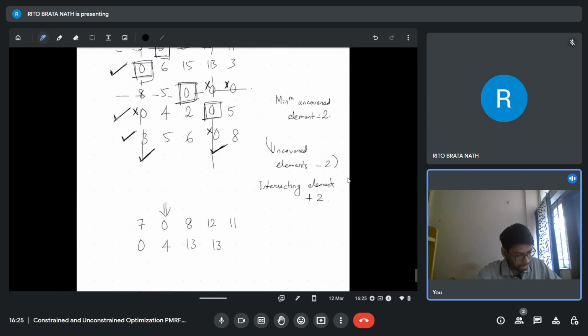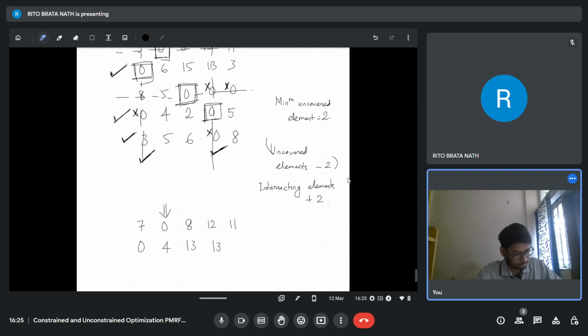So after that, the next one will be uncovered, so that will be 1. Yeah, next is an intersecting one, so that will be increased to 10. Then this will remain as 5. This will remain as 0. Then this is another intersecting one, so that will be increased to 2.